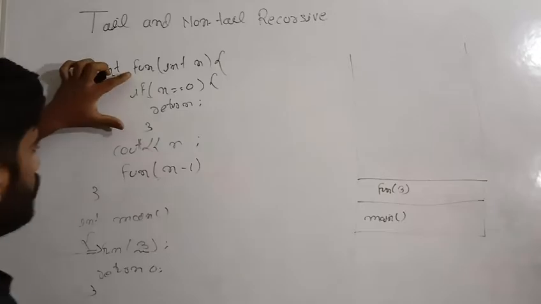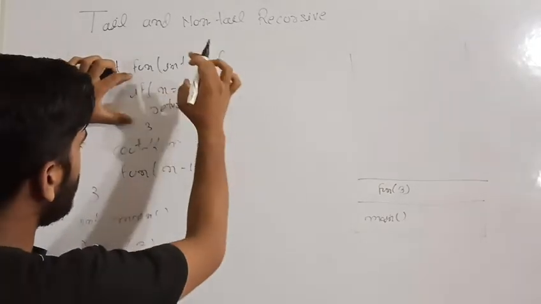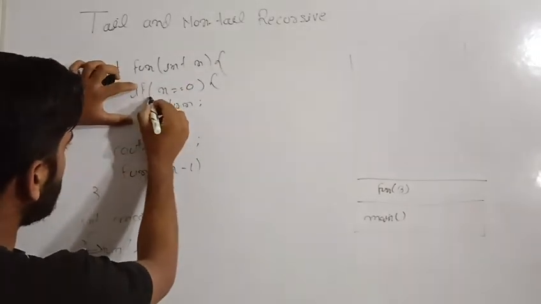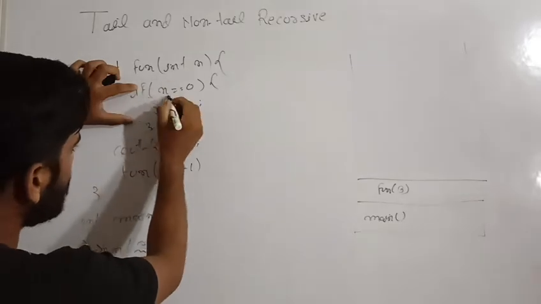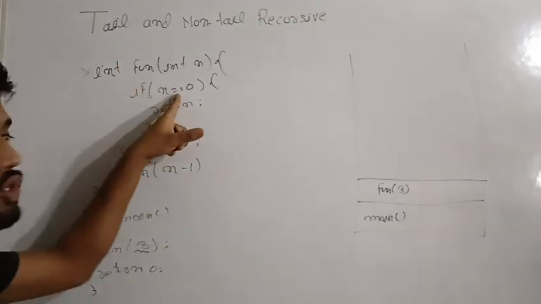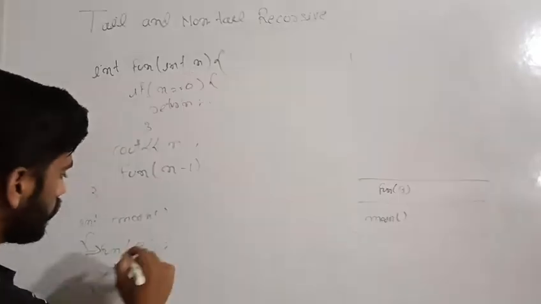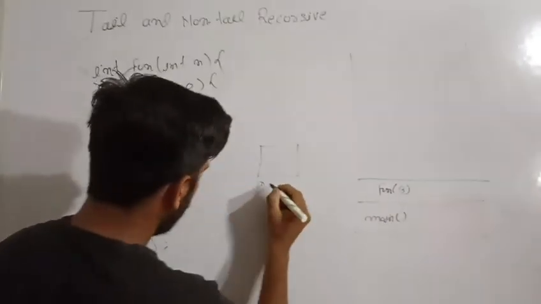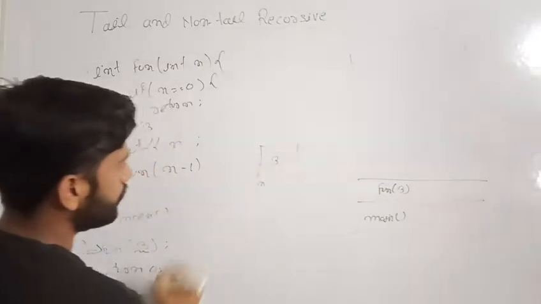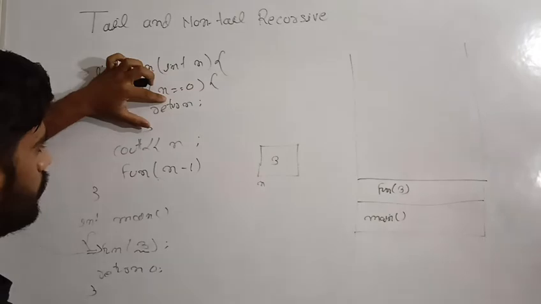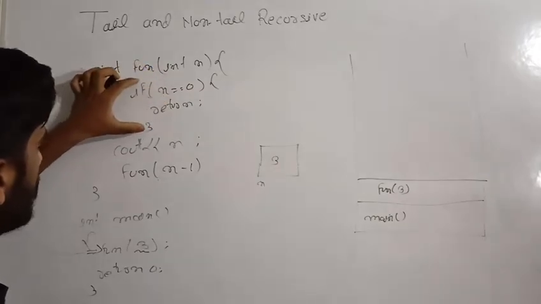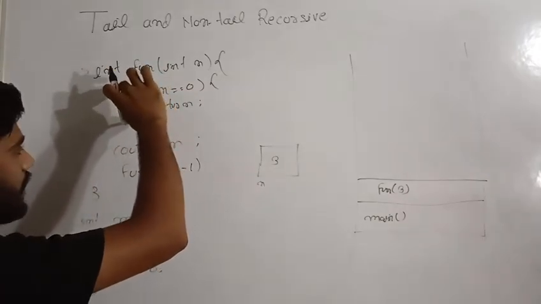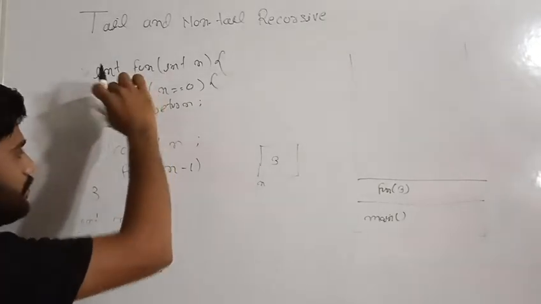Now in this function it will check if n is equal to 0. Here n is equal to 3, so n is not equal to 0, meaning this condition is not satisfied, and the controller will not enter that block.